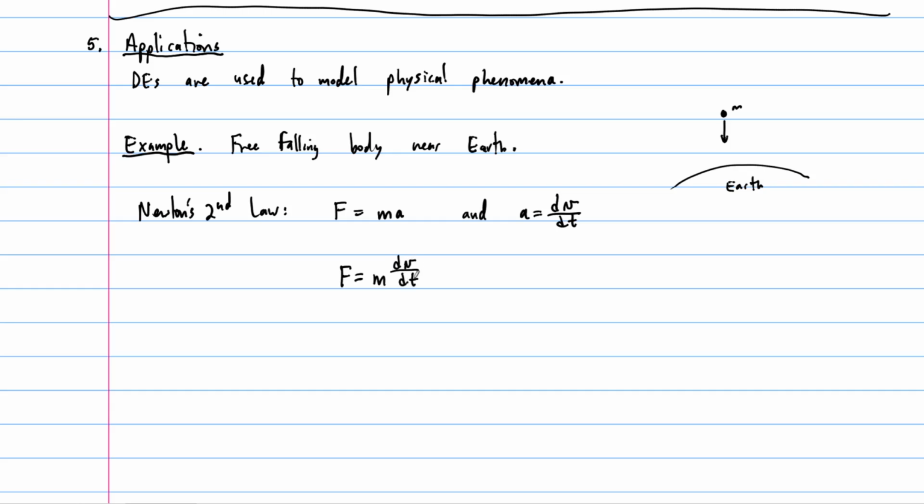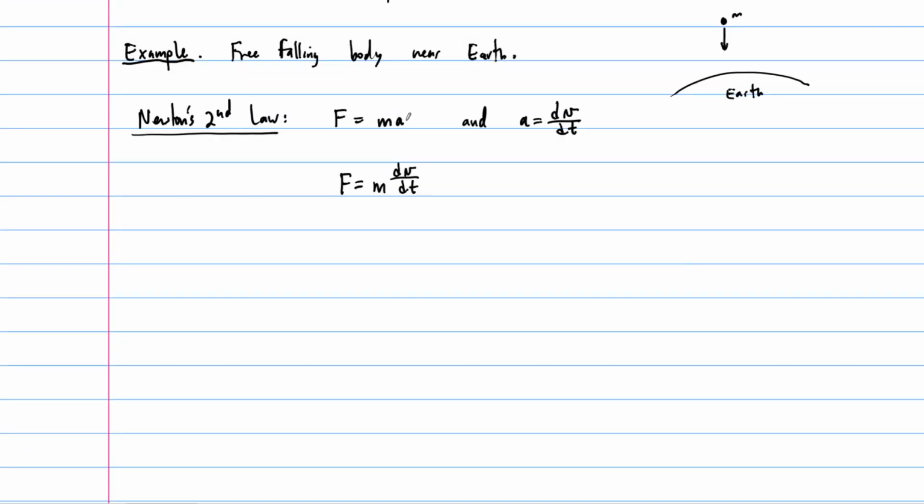But we also know that since we're near the surface of the Earth, the acceleration is given by gravity. So this is acceleration due to gravity near Earth, and this is the free-falling part. There's no other acceleration, no motor on our apple.